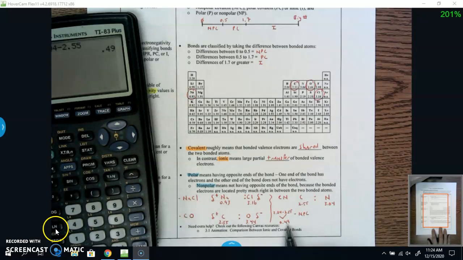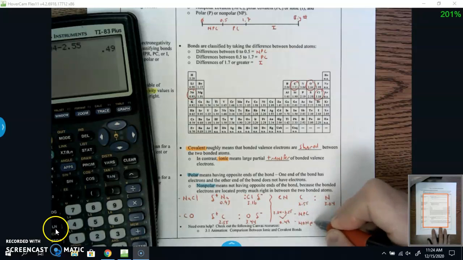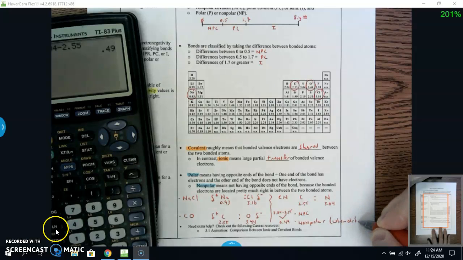If the difference is less than 0.5, it's nonpolar covalent. Also, if the difference is less than 0.5, we're going to classify that as a nonpolar bond. I'm going to put in parentheses here, when difference is less than 0.5.